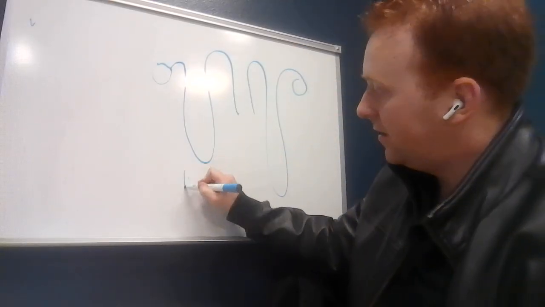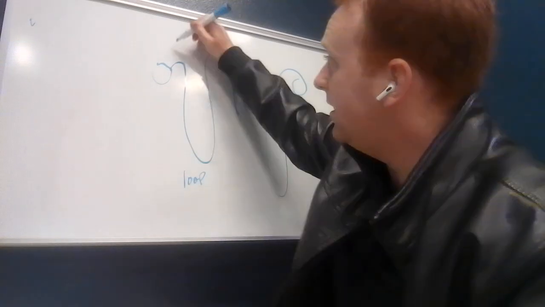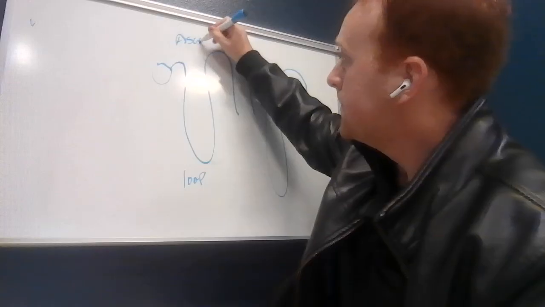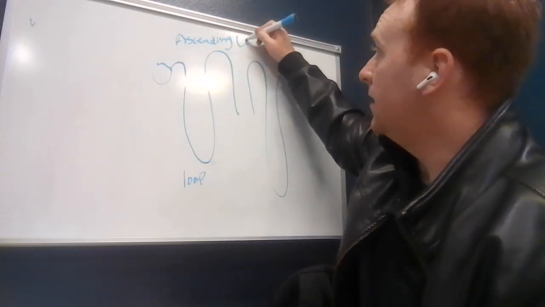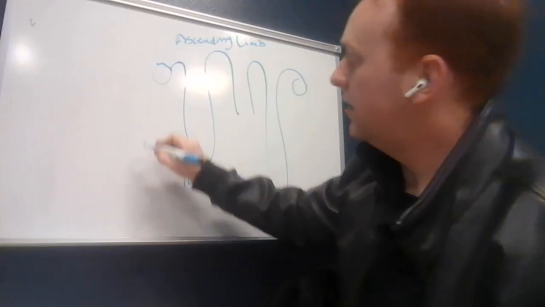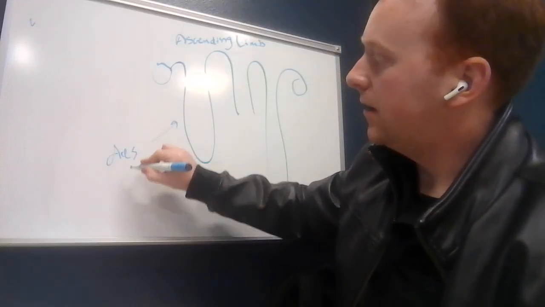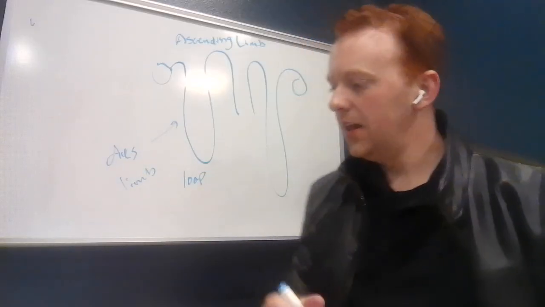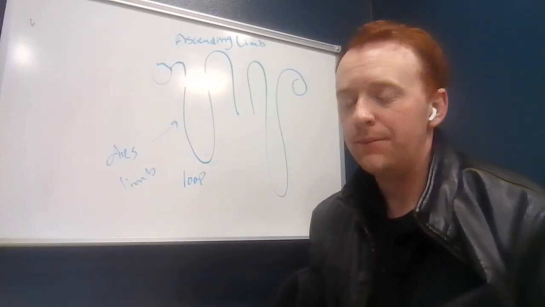Loop of Henle is down here, and ascending is up here. This is the ascending limb, and the descending limb is down here, like this area. That's super simple, but there you go.